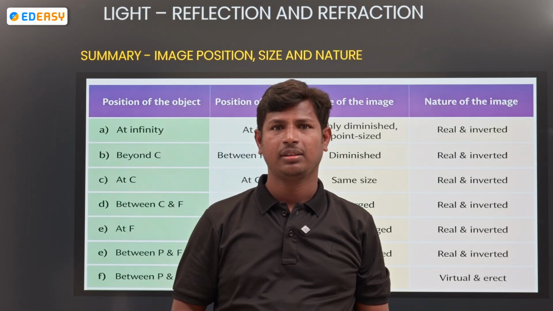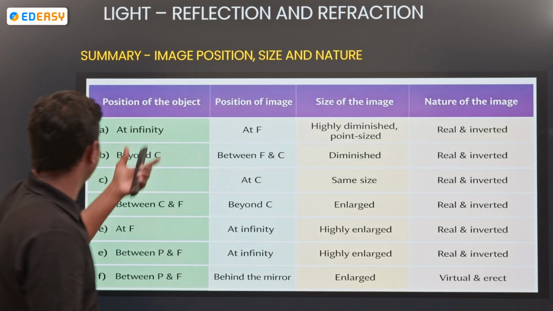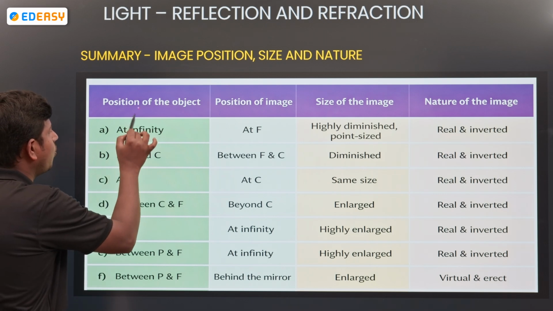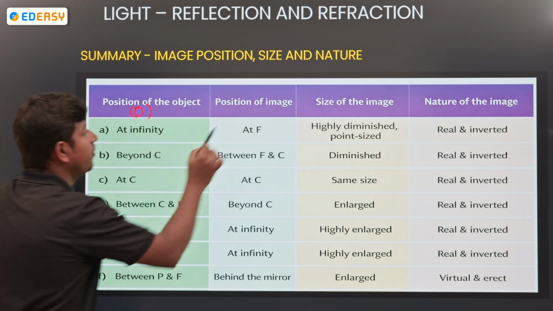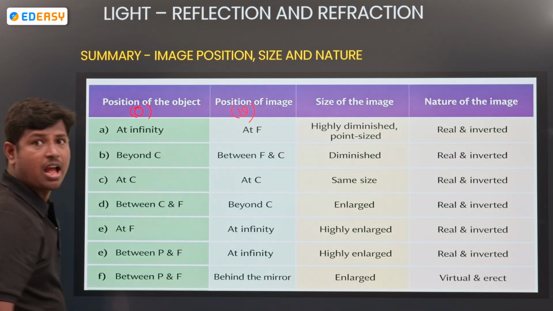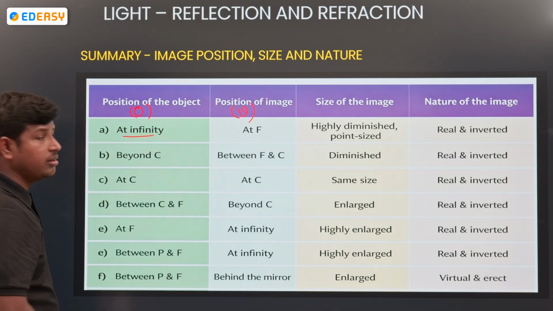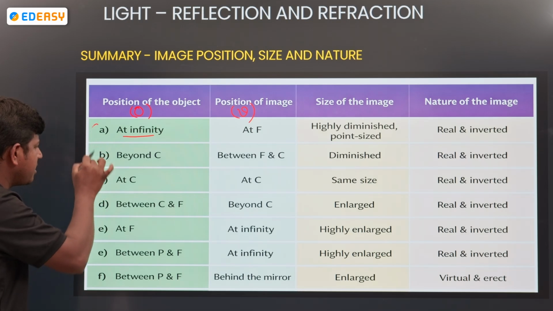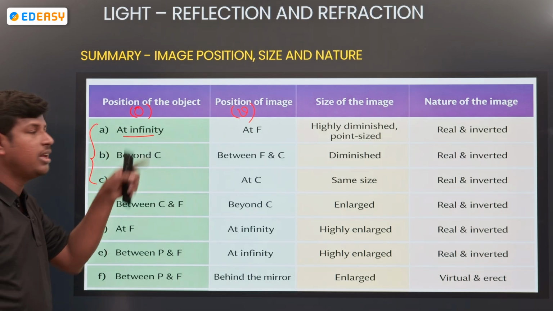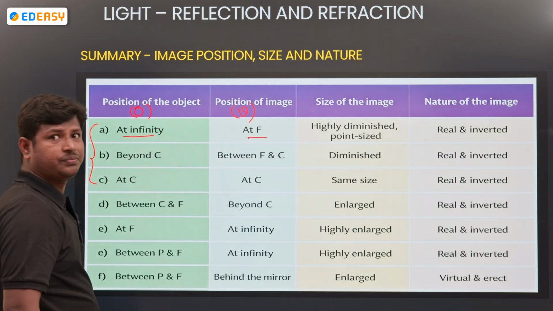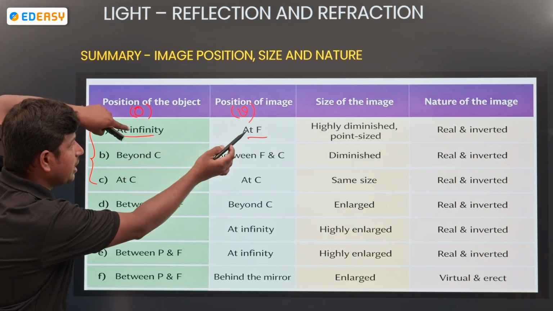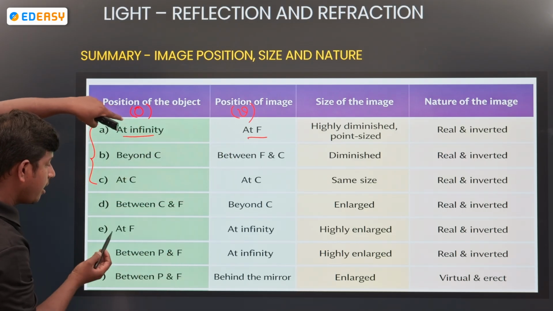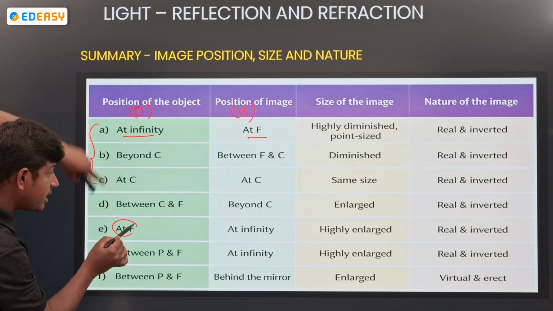Clear? So let us recapitulate all. Where is the object? Infinity. Just remember the first 3 points. That's enough. Where is the image? F. Object at infinity, image at F. Now see, if the object is at F, where is the image?